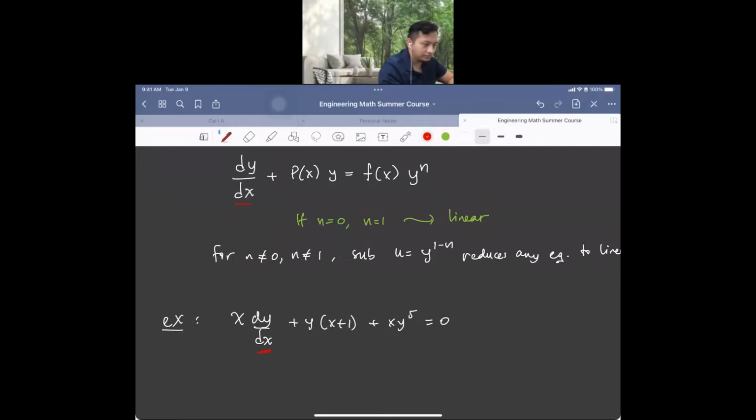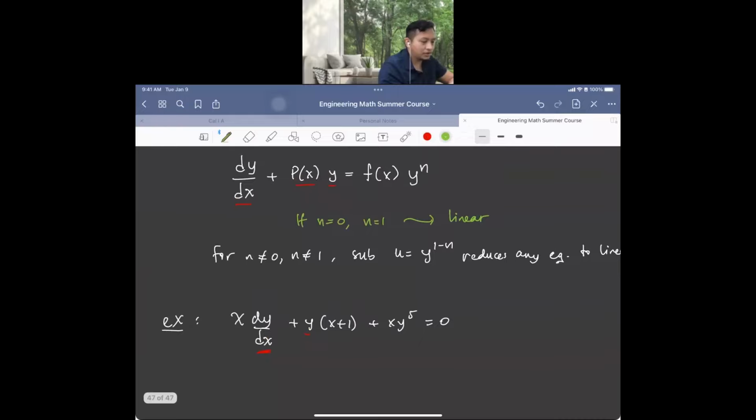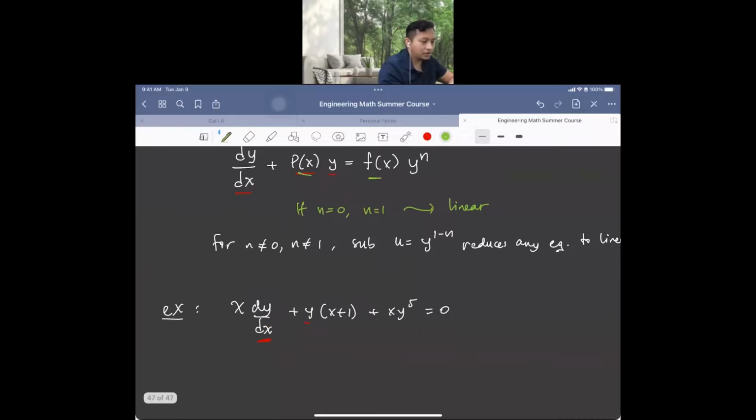Whenever you have dy dx, we can move on, and we see that we have p of x, we have y, and then let me just rewrite the equation as p and f.